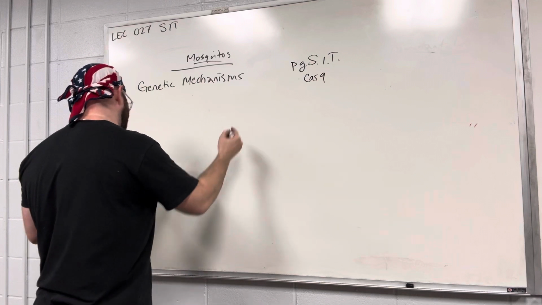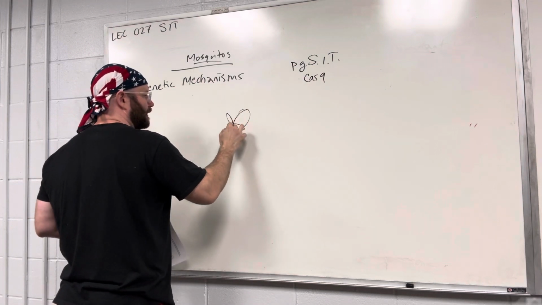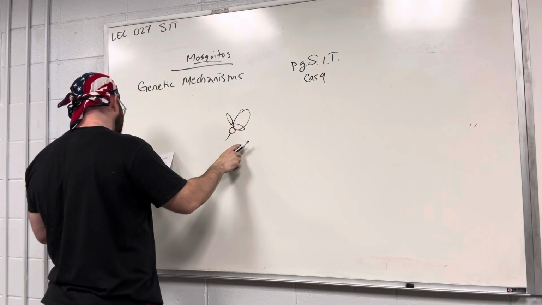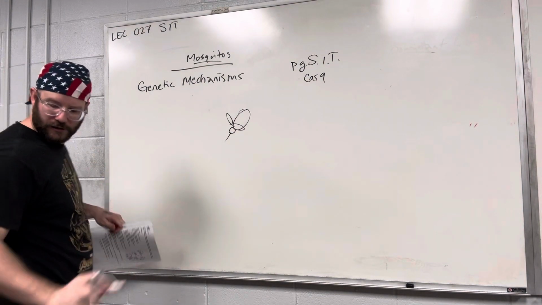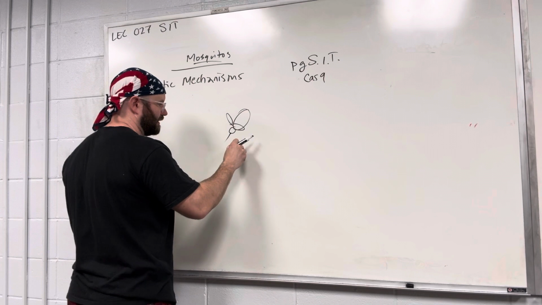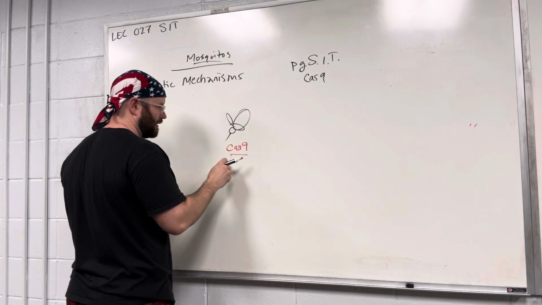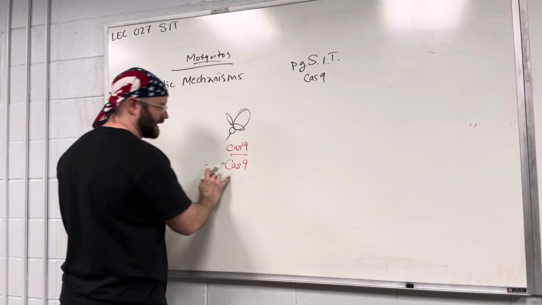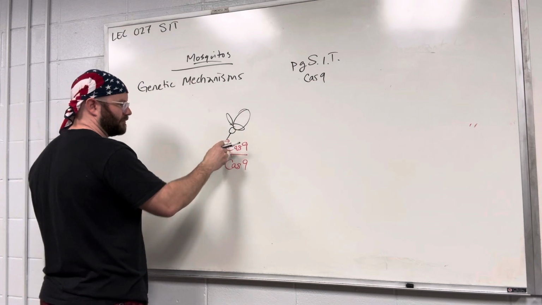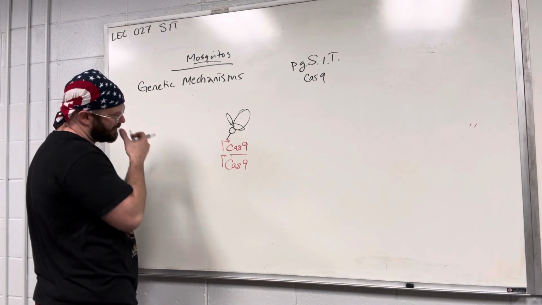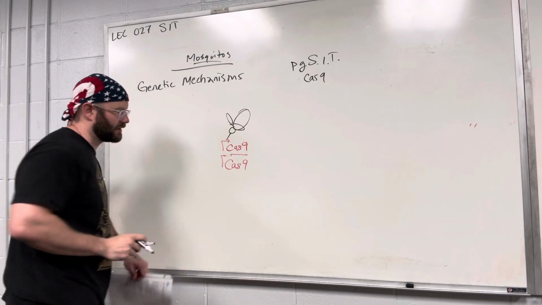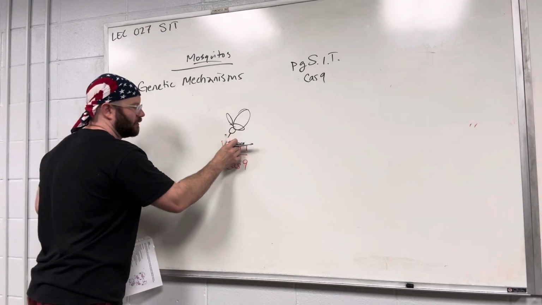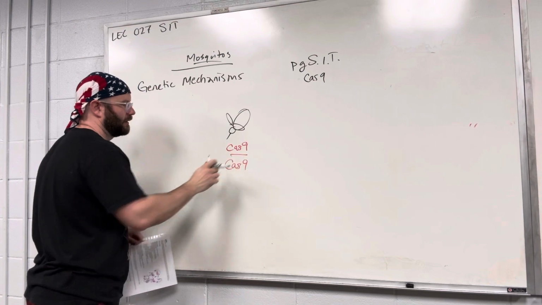So imagine you create a mosquito whose genotype is homozygous Cas9. So it's got some Cas9 insertion, probably with a constitutive promoter. I don't know the precise promoter. For now, just know Cas9.